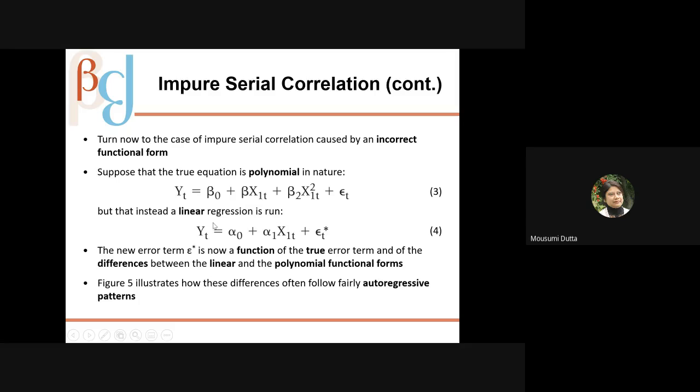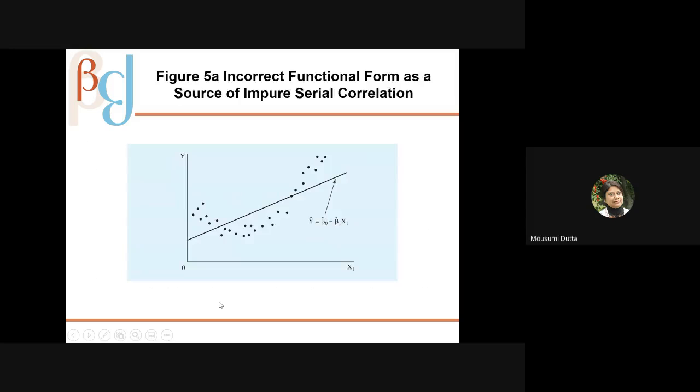But instead of this, you considered a linear model, okay, and the new error may follow a particular pattern, and that pattern may be an autoregressive pattern, and in that case there will be autocorrelation in the model. If you run the test for autocorrelation, you will find autocorrelation in the model. Okay, so check all these things.